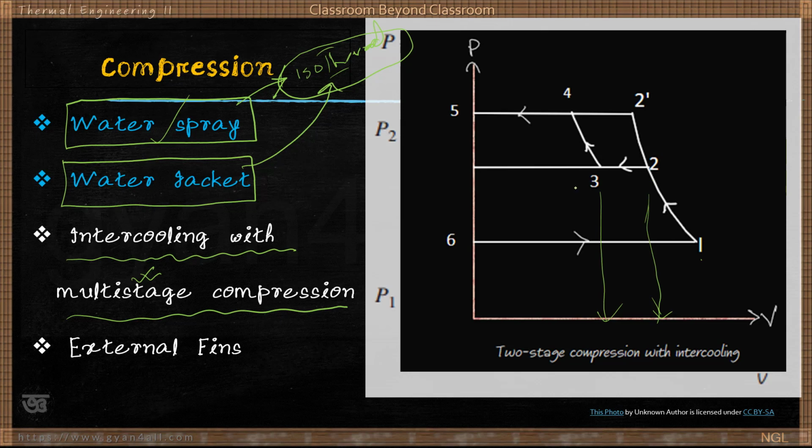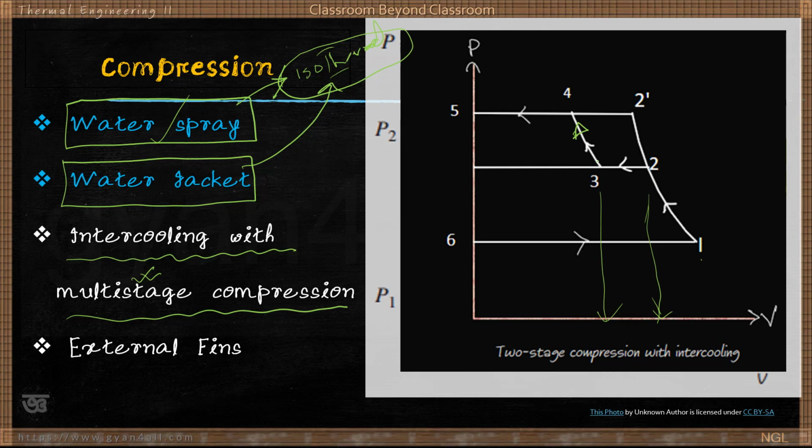And after intercooling, we do the second stage of compression. This way, in actual practice, we can run a compressor. By what way? We can spray water on the surface of the compressor, and that will carry away the heat continuously and bring the system near to isothermal.